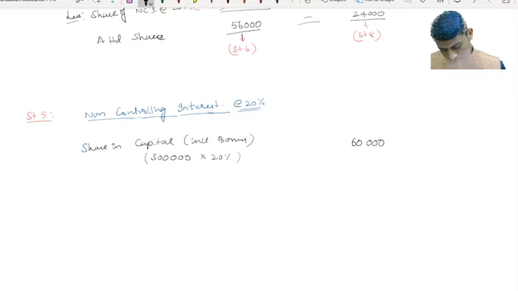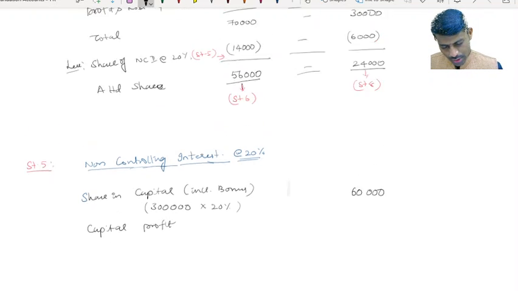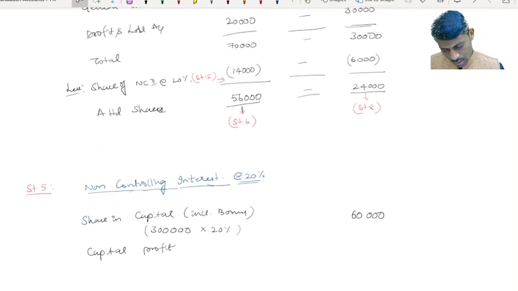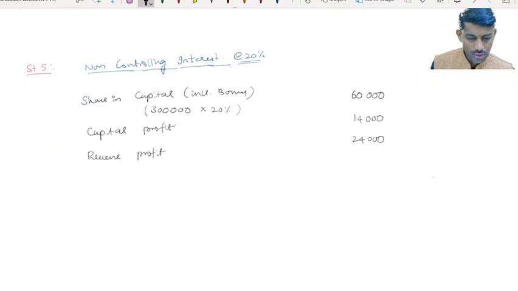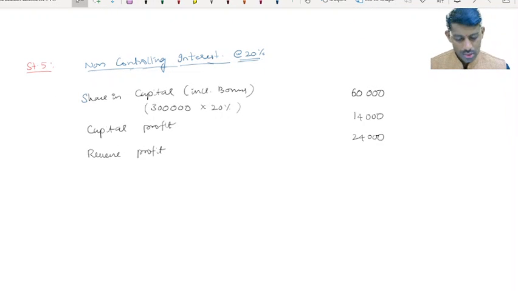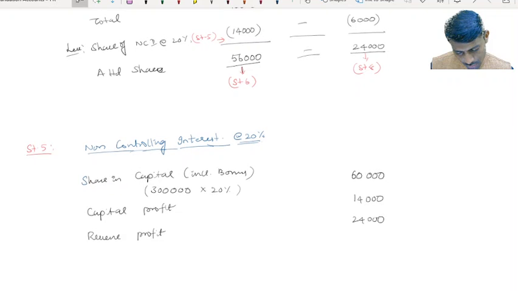Add capital profit, which amounts to 14,000. Revenue profit, sorry, it is 6,000.